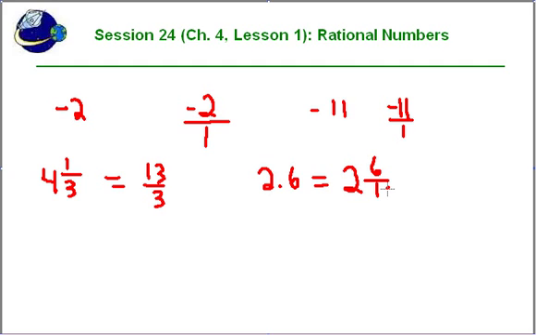Now, by converting this decimal into a mixed number, we can see that it can be written as a fraction, or as a quotient of two integers. Take our 10, multiply it by the 2, that's 20. 20 plus 6 is 26. That becomes our top number, and 10 becomes our bottom number. So we see here then that 2.6 is also a rational number.